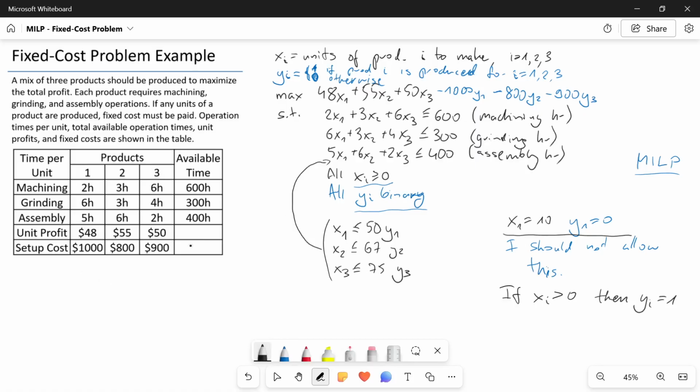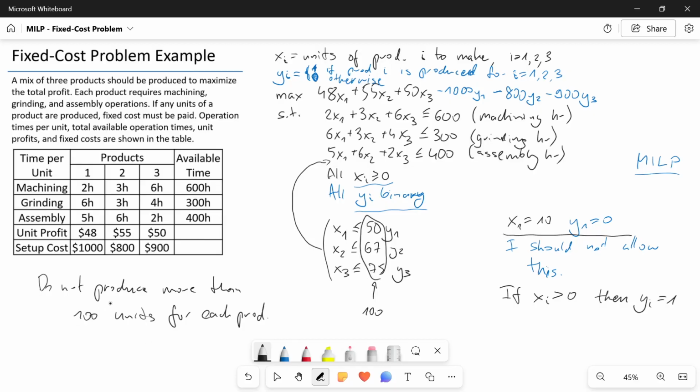Now, if the problem said, for example, do not produce more than 100 units for each product, then we could just use 100 here for all of those, right? Instead of all of those numbers.